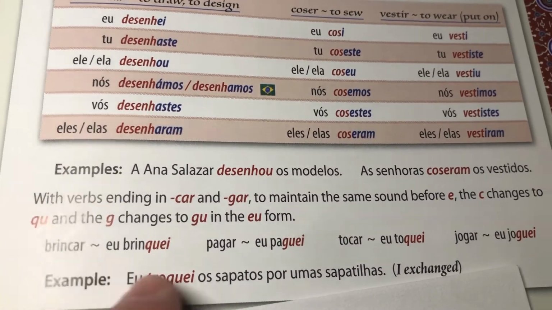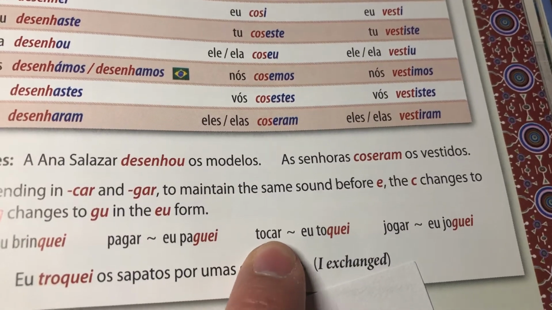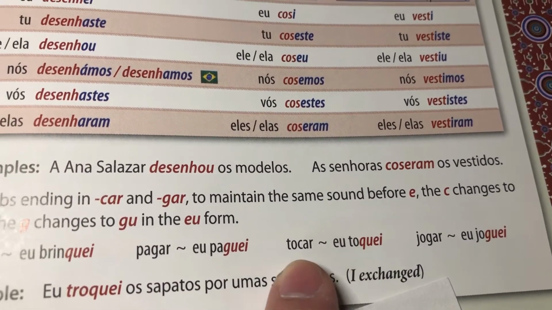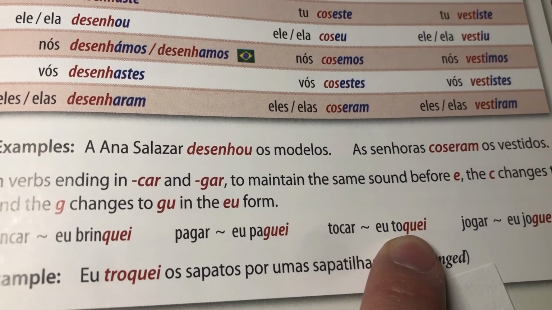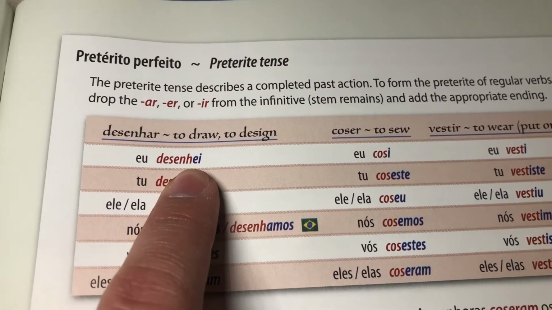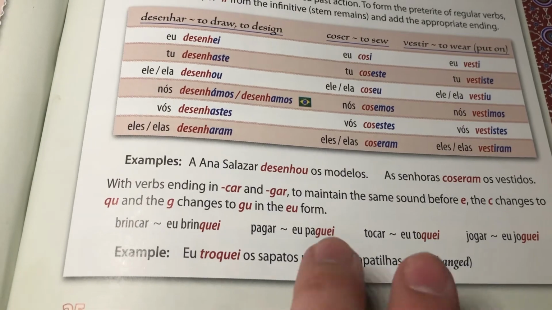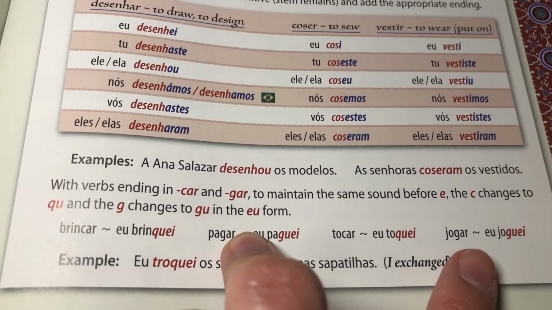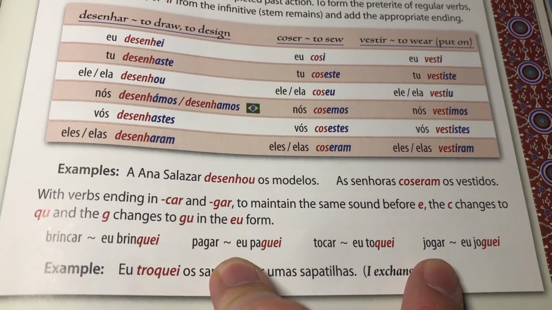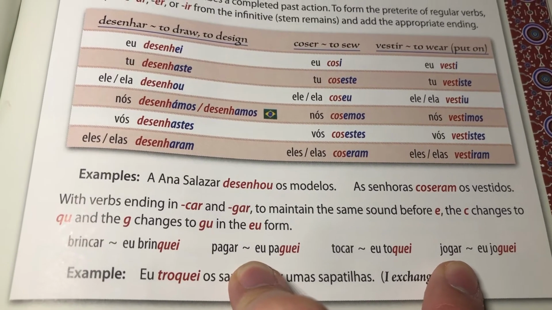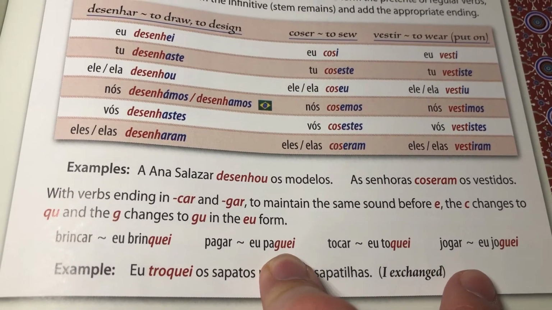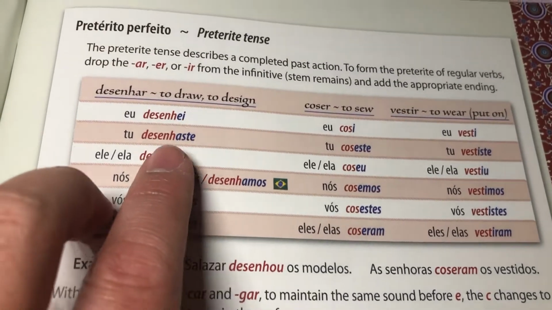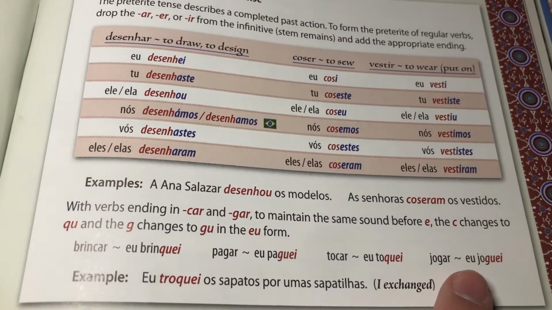So that's that one. Same thing here, tocar, you are taking out that C and putting in a QU, and then adding that EI ending, okay? Pagar and jogar, they are ones that have the G in it, so you need to add the U after the G, and then it's that EI ending there, okay?